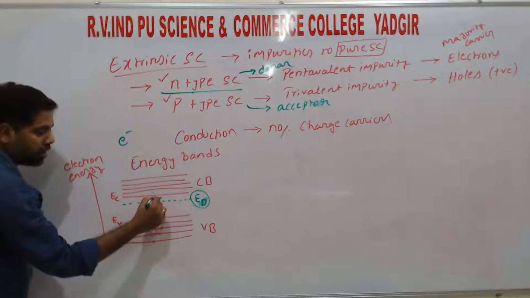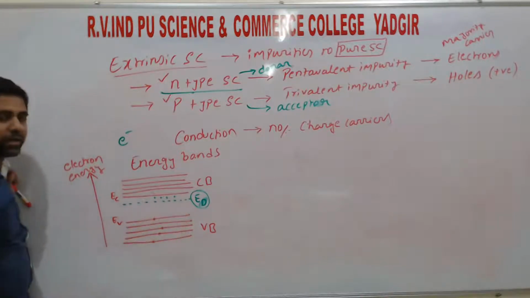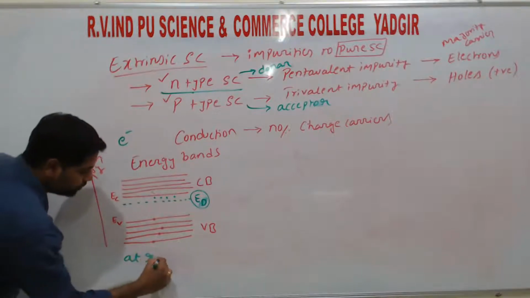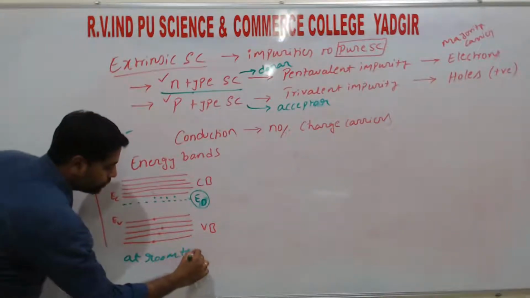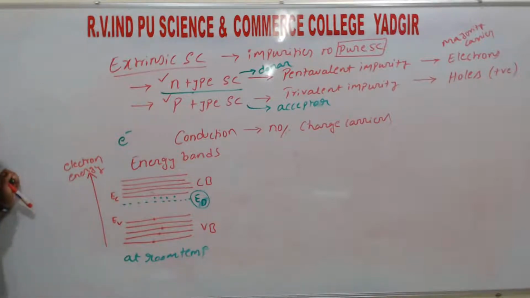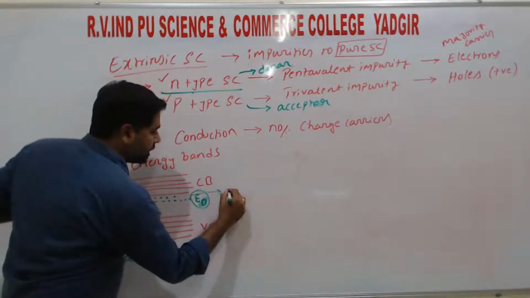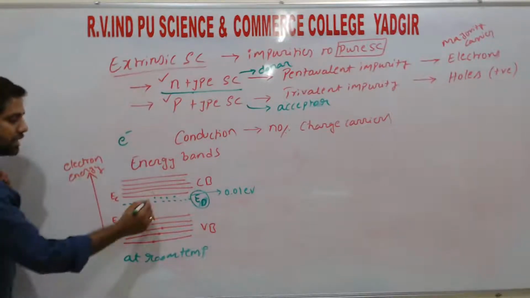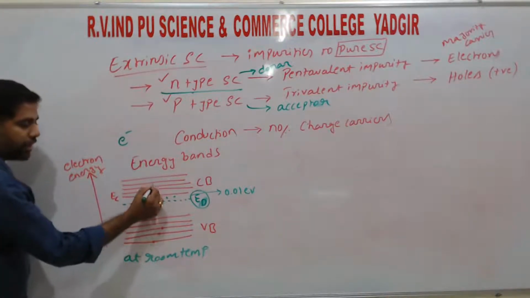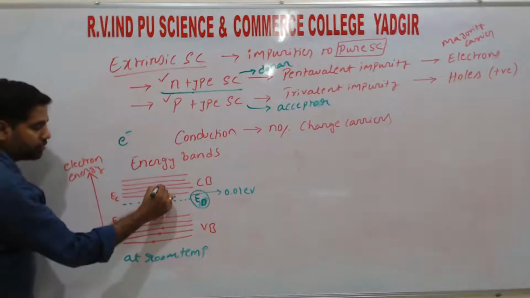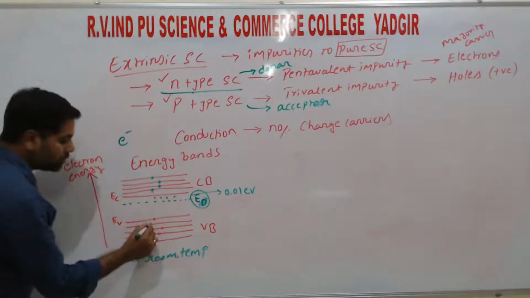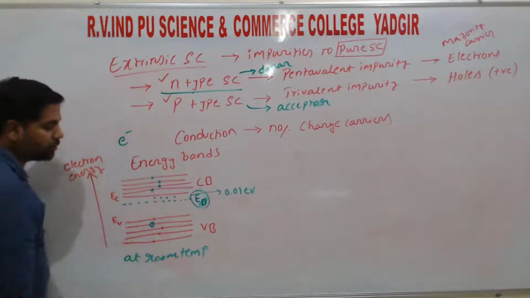At room temperature, for a very small energy of 0.01 electron volt, these electrons are shifted to the conduction band, leaving holes in the valence band.